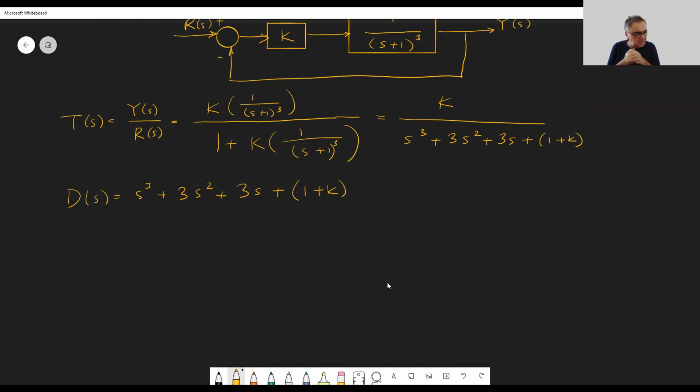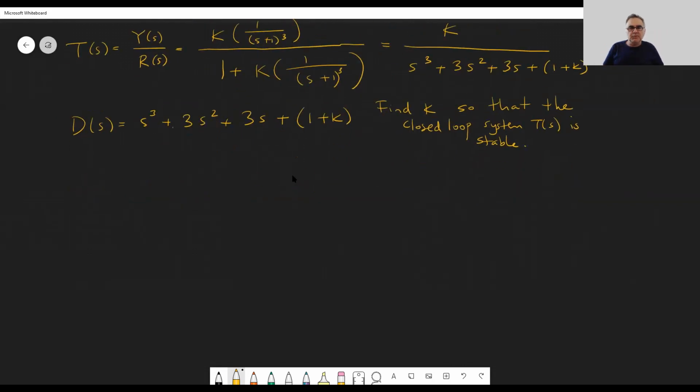We want to find the range of k so that the closed loop system T of s is stable, for example. Find the range of k so that the system is stable.